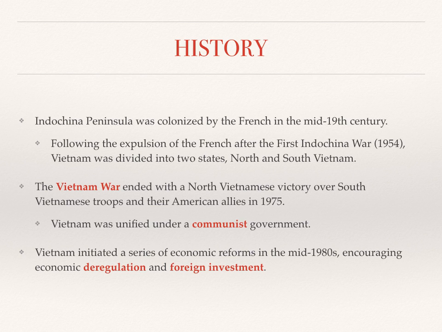Following this episode, you had the Vietnam War, and this ended with a North Vietnamese victory over South Vietnamese troops and their American allies. This happened in 1975. Vietnam was then unified under a communist government.